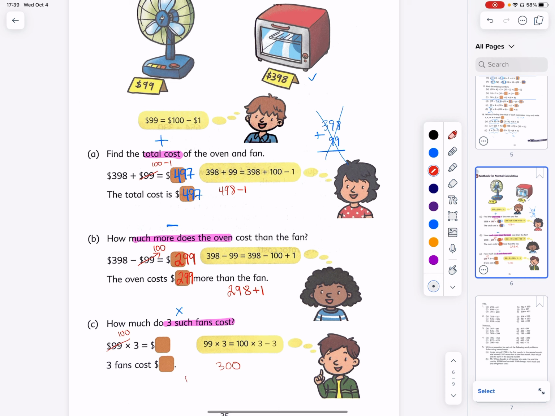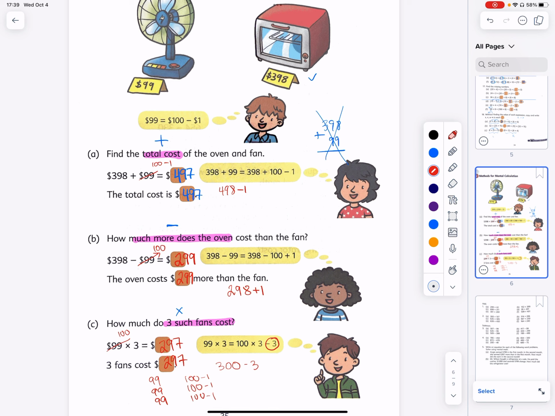So let's write it out. 100, 100, 100. Instead, we needed 99, 99, 99, which means we took $1 extra 3 times. So we have to adjust by subtracting those 3 extra dollars. And the answer is 300 minus 3, which is just 297.